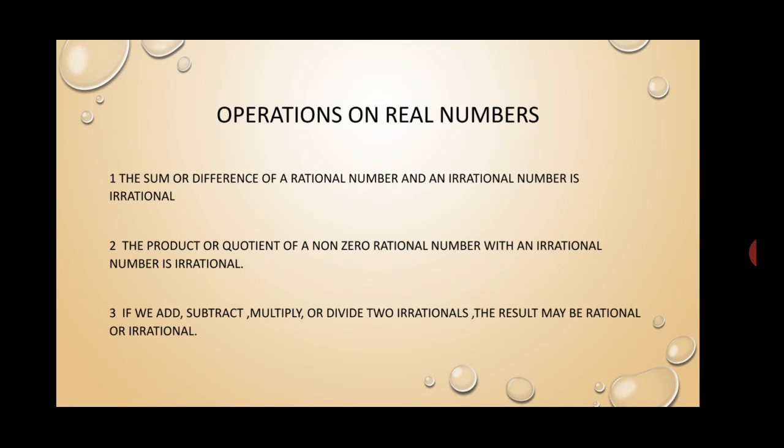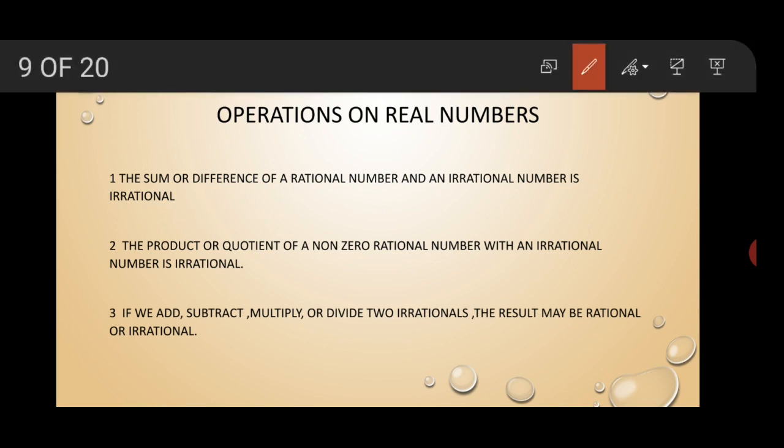Now let us see operations on real numbers. The sum or difference of a rational number and an irrational number is irrational. Now verify this rule by taking an example. For example, take one rational number 2 and an irrational number square root of 2.